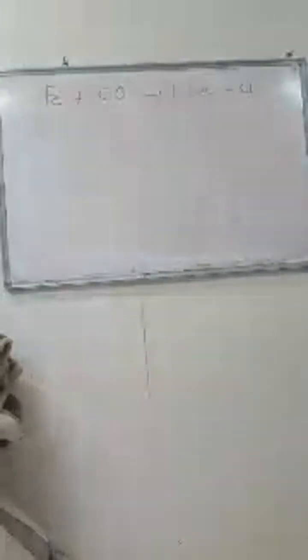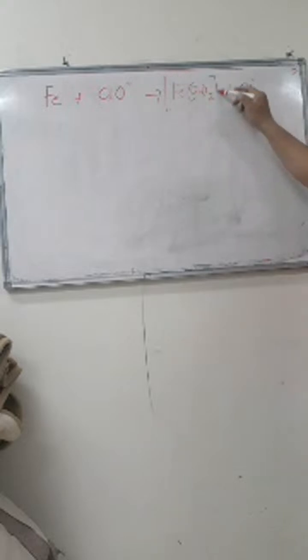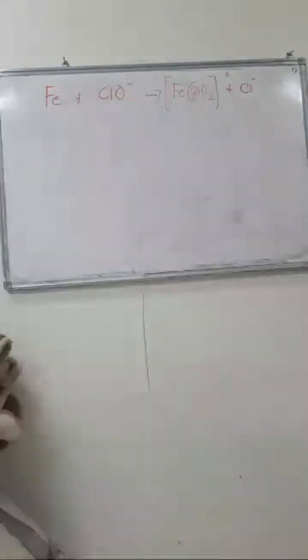Don't be afraid, guys, if there's no charge, because that would mean 0 under its free state and neutrality. Just like here, ferrous hydroxide. What is the net charge? So obviously 0.